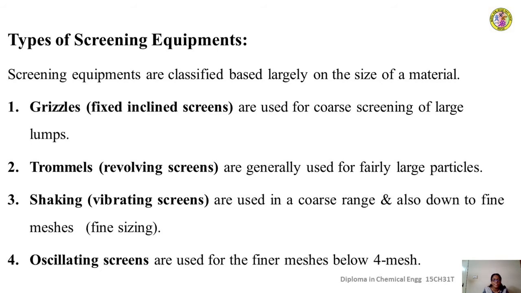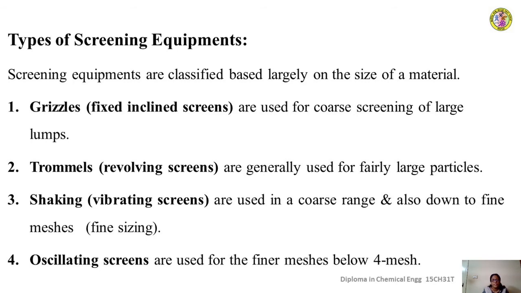Then you have shaking and vibrating screens, where the screens are vibrated or subjected to shaking mechanically or electrically. That is another kind of screen that is used widely. Then you also have screens which oscillate, in which the oscillating motion is involved to carry out the screening operation.